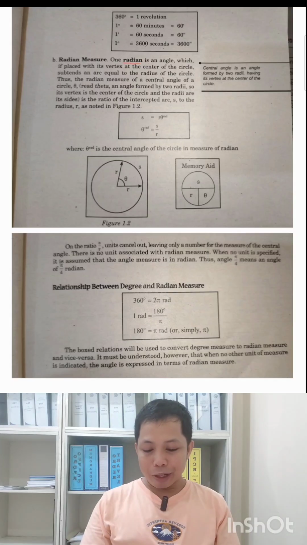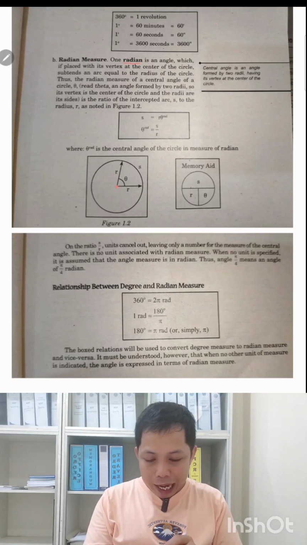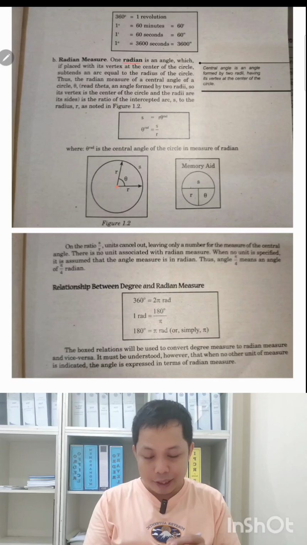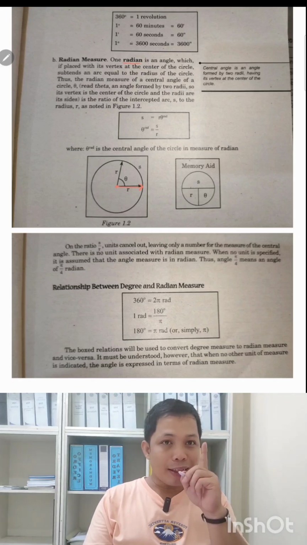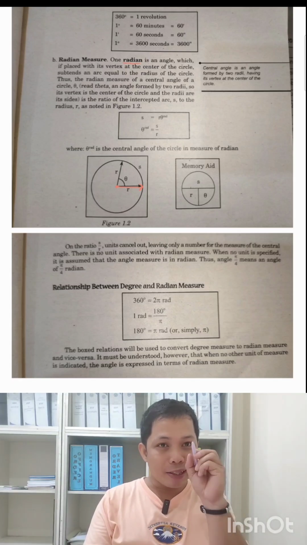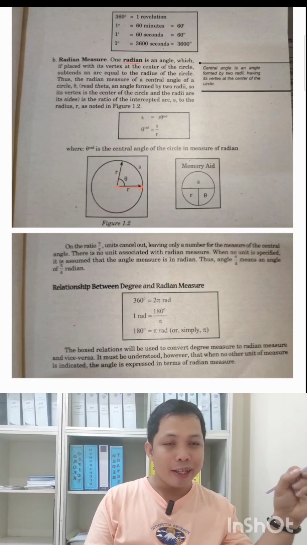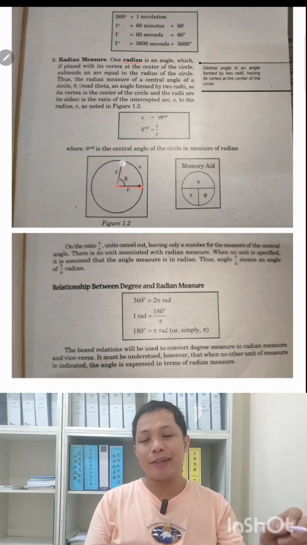Okay? So in this figure 1.2, we have a center point, and then connected to the other point on the circle, so that is a ray. So that is a radius, right? If the center is connected to the point on the circle, that is the radius.